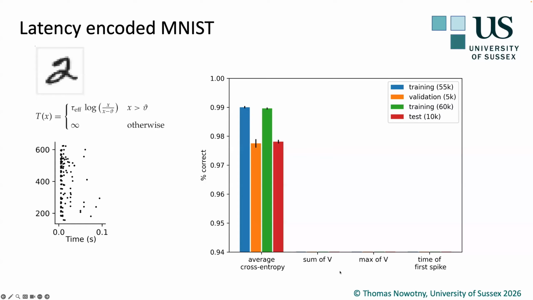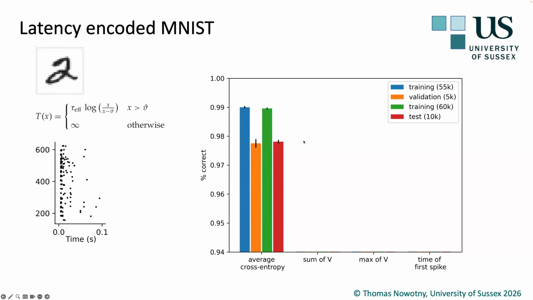You can see in these typical plots a training accuracy of 99%, validation accuracy of about 98%, and test accuracy of 98%. So this is kind of an average performance on this MNIST data set.